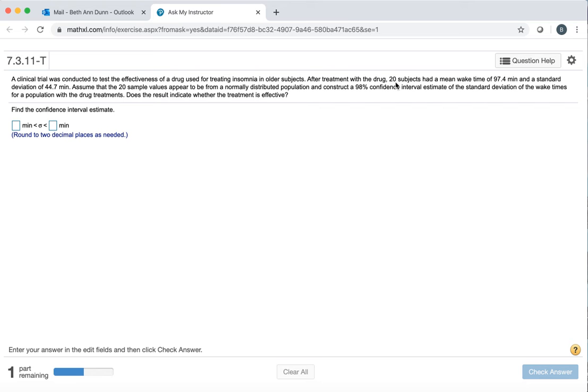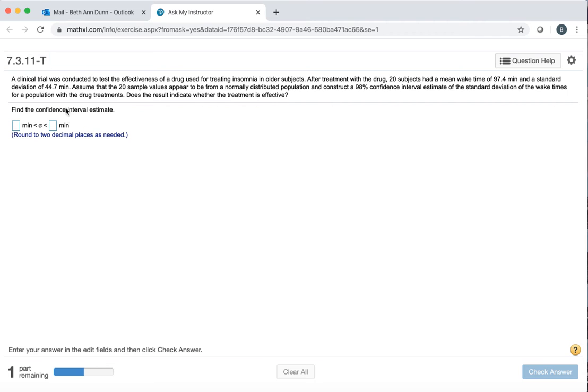So this is where you're getting your degrees of freedom. Since there are 20 subjects, we do 20 minus 1, and the degrees of freedom will be 19. We also know that we need a 98% confidence interval estimate. So 98% is where we're going to go to our table.